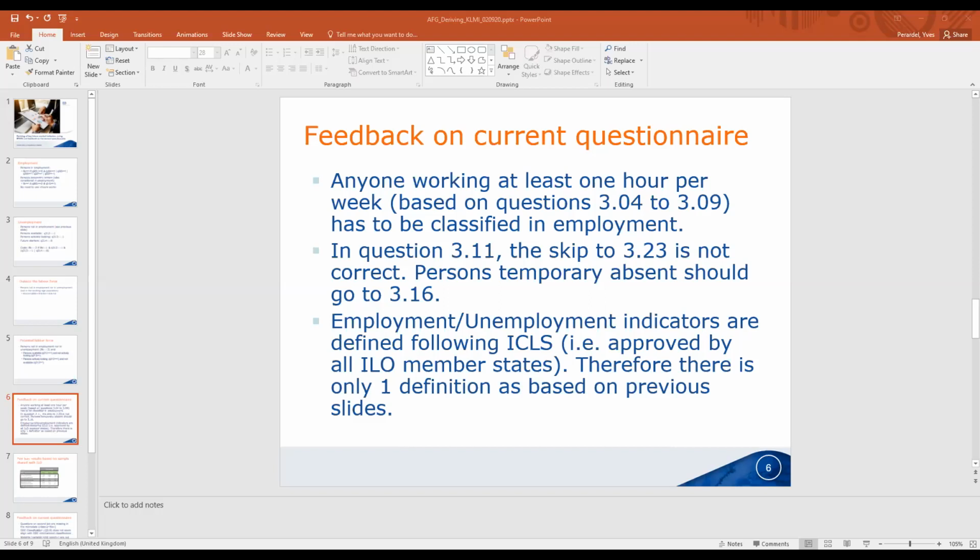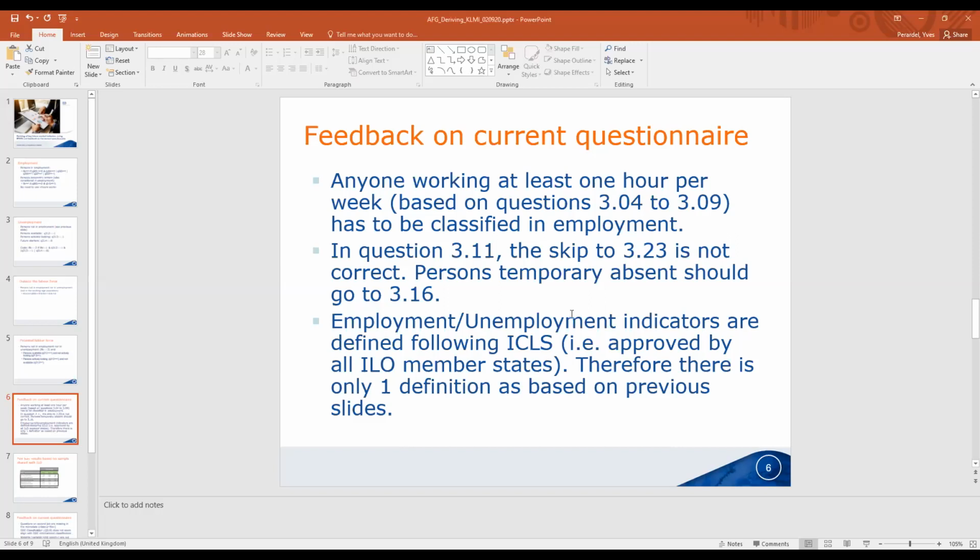So I don't know if it's feasible to change, given that the fieldwork already started, but maybe for a future version of the questionnaire or future run of the survey, it would be good to ensure that the skip pattern for the temporarily absent sends people to 319 and not to 323 directly.